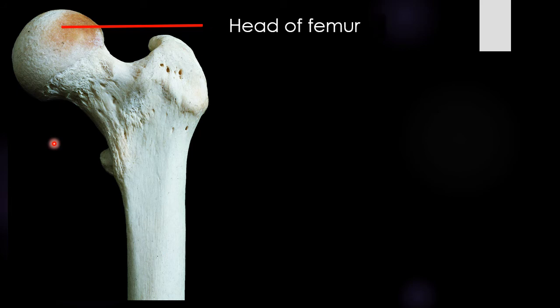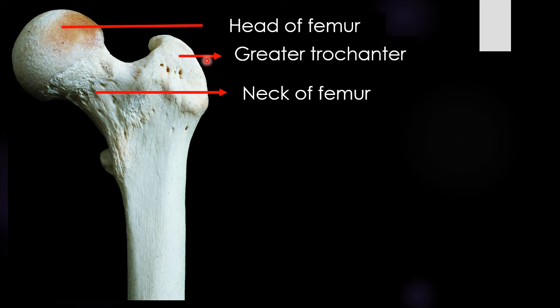Next, just below this head, the constricted part. The entire circular area may be marked and you may be asked to identify it. It is called the neck of the femur. Then lateral to this neck of the femur, the projection is called the greater trochanter.